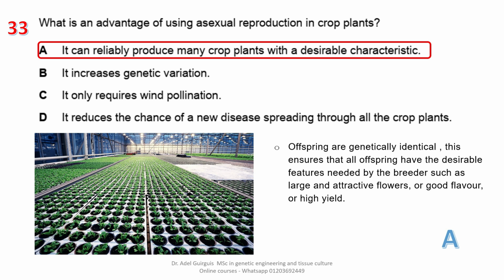So C is wrong. What about D? It reduces the chance of new disease spreading through all the crop plants. Sure, wrong. One of the disadvantages of asexual reproduction is easy spreading of disease. Why? Because all the offspring are genetically identical. They are susceptible to the same disease if infection starts to spread. Okay?